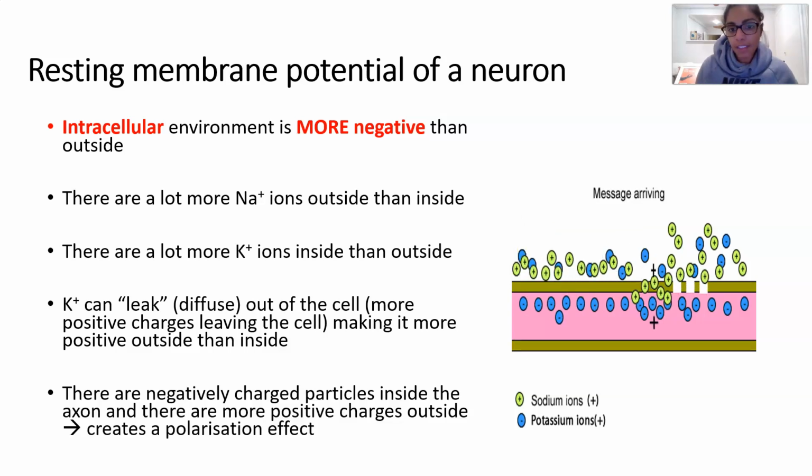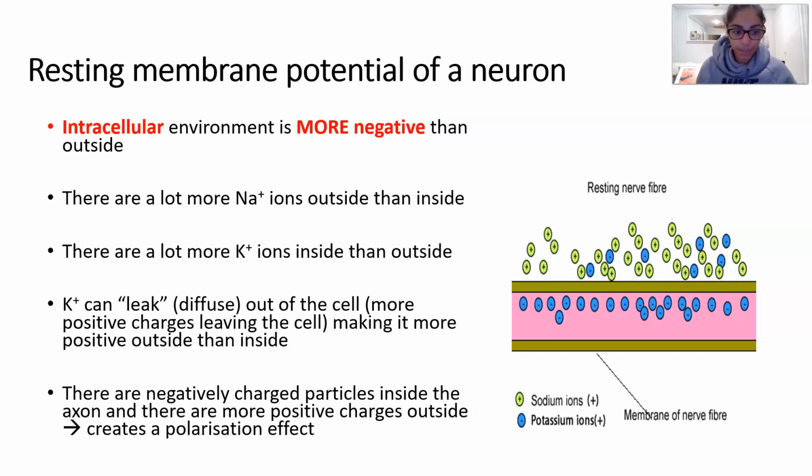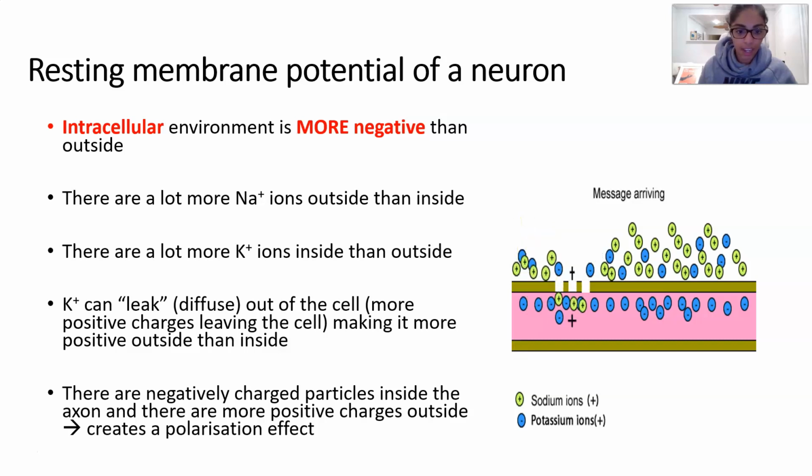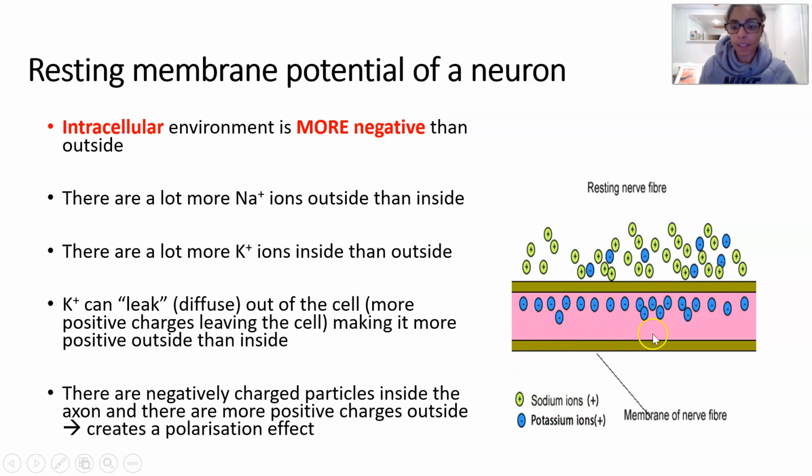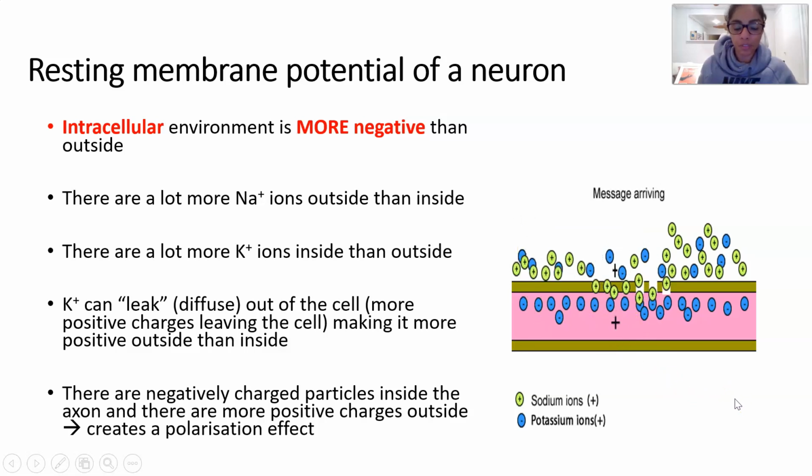To maintain this membrane potential, there are giant negatively charged particles inside the membrane, or anions, and this creates this polarizing effect. So even though we have a little bit of leakage of potassium ions going on, the overall effect is that we certainly have lots of potassium inside, but lots of negative charge inside, and sodium outside, and more positive outside.